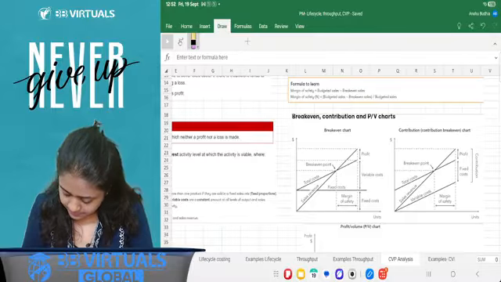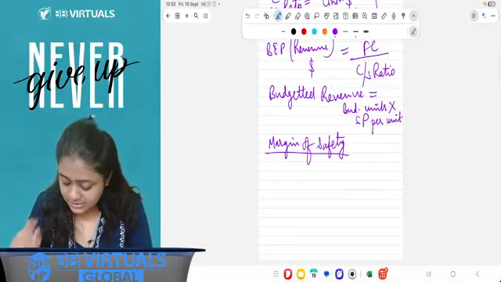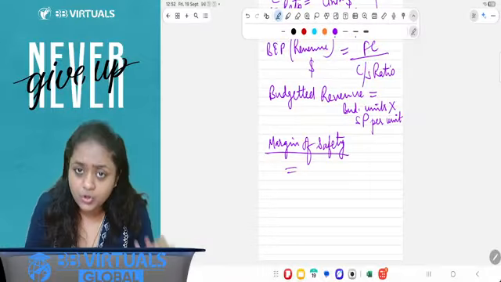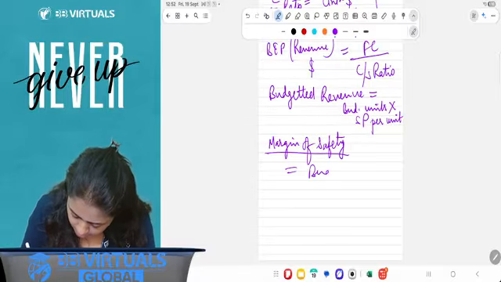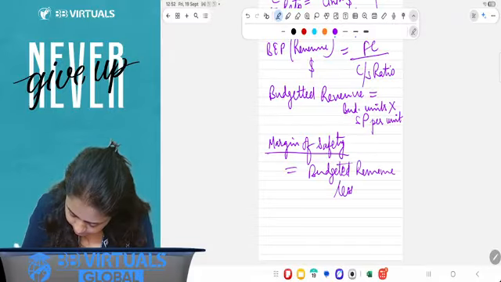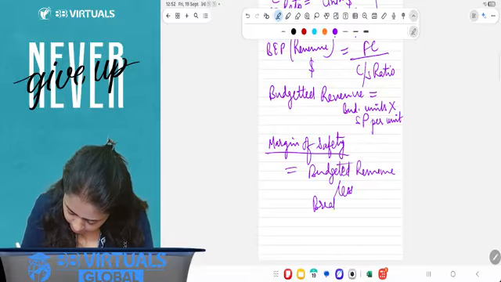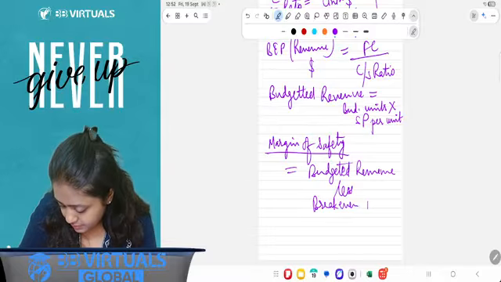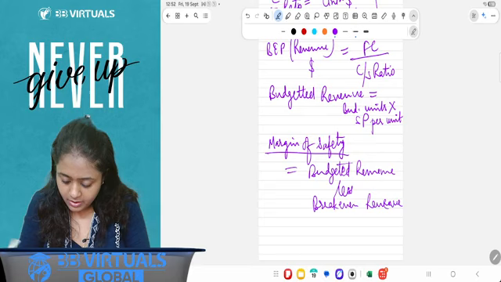Margin of safety is, like I told you already, the difference: budgeted revenue less break-even revenue.